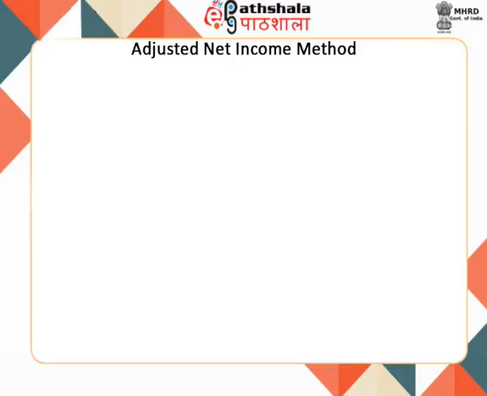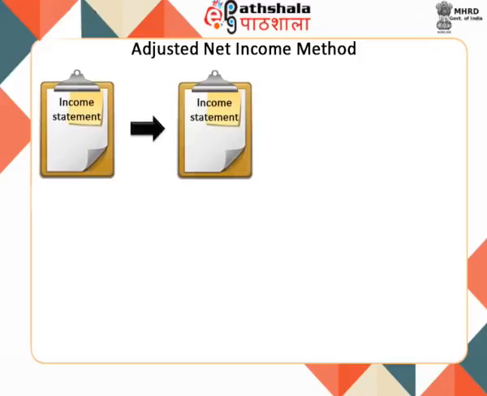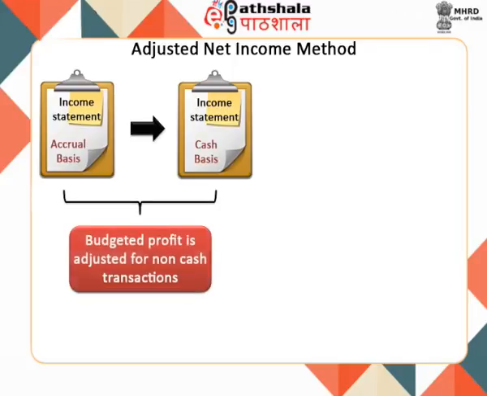Adjusted net income method. In this method, the budgeted profit stated in the income statement is converted from an accrual basis to cash basis. To achieve this, the budgeted profit of a period is adjusted for non-cash transactions and cash from operation is derived.